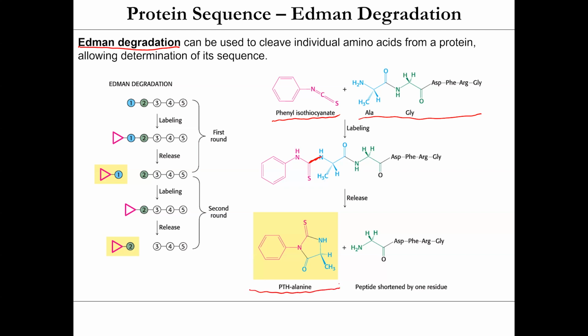So you're basically shortening the chain by one amino acid each time. And then you would use some other method to determine which amino acid was removed at this specific step. So it's one by one determining the sequence of your protein. And this is called Edman degradation, and it's more of a classic way of determining protein sequence.